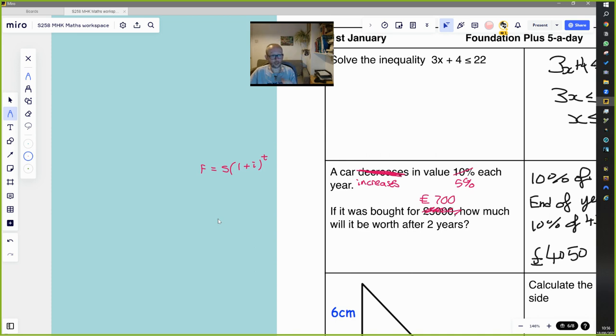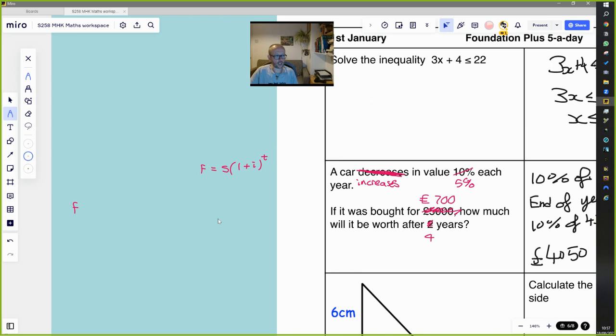Let's keep it at 5%. That's fine. And rather than doing 2 years, we're going to say, keep the numbers all different so it's not confusing, say 4 years. Okay, so what would it be worth?